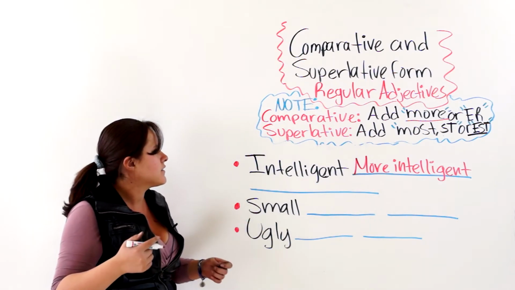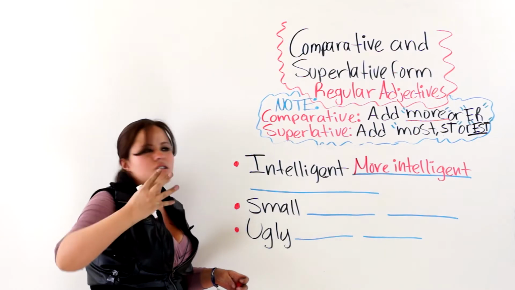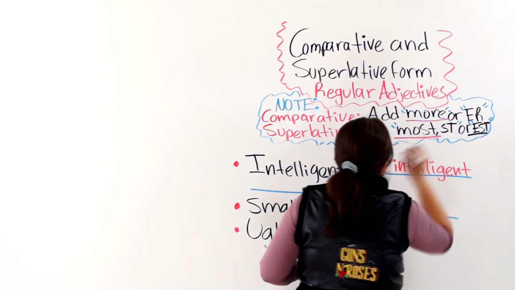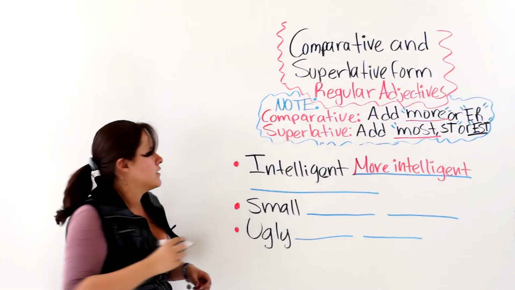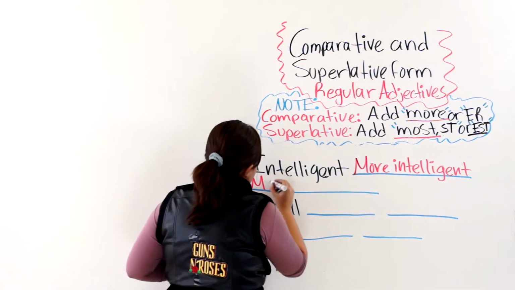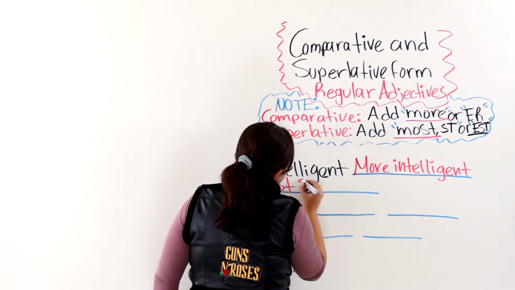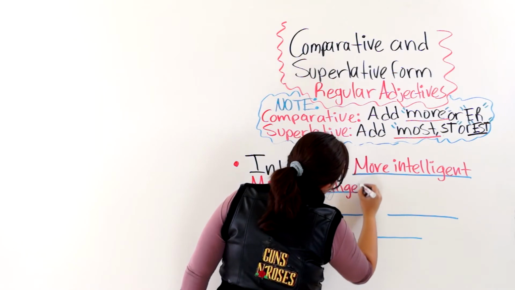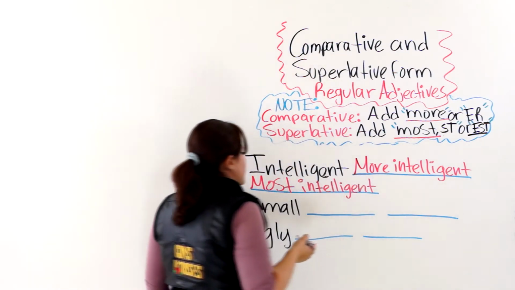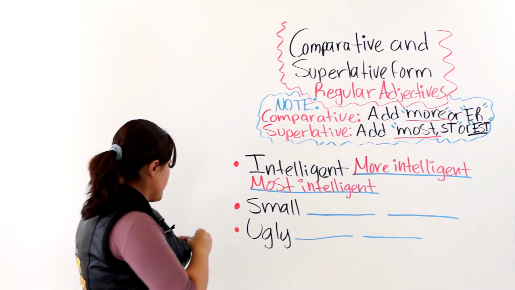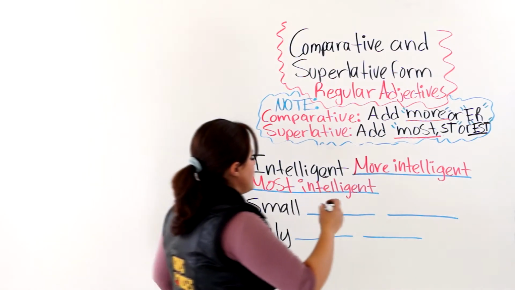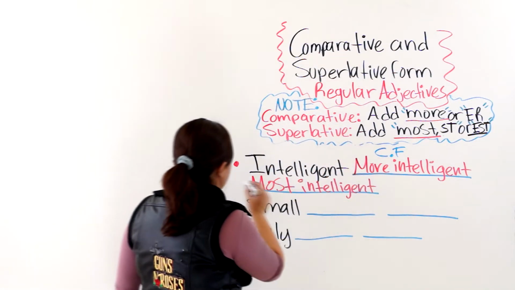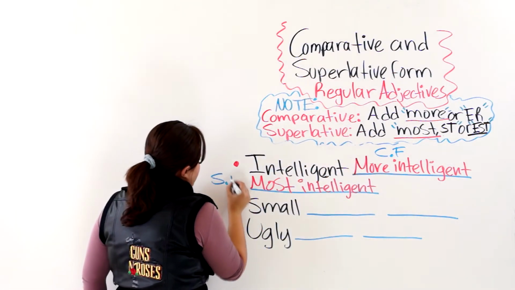No, it is a 4-syllable adjective. So we need to add the word most before the adjective. So we are going to say most intelligent. This is the comparative form, and this here is the superlative form.